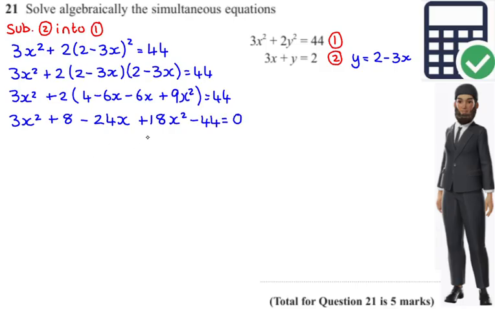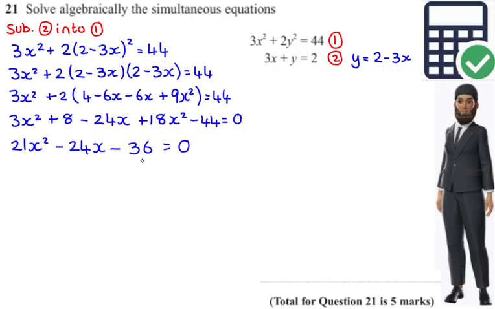Let's tidy that up. You've got 18x squared plus 3x squared, which will give you 21x squared. You will have minus 24x. You've got plus 8 and minus 44, and that should give you minus 36 is equal to 0.